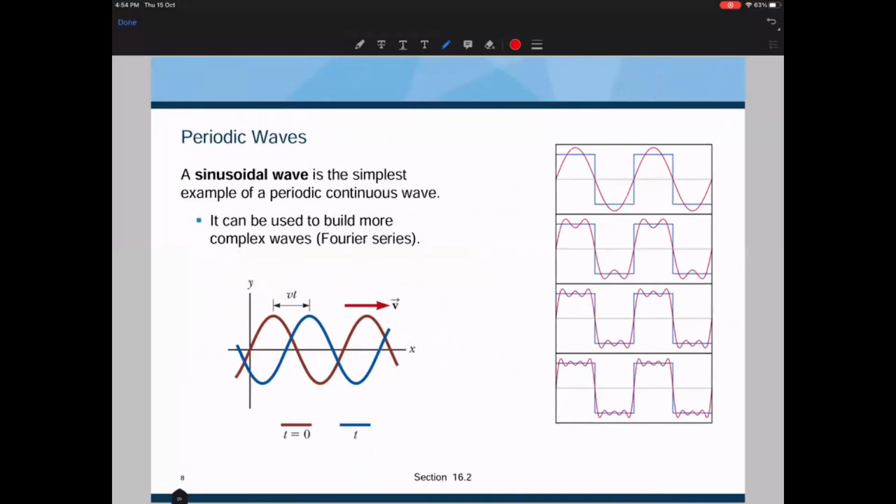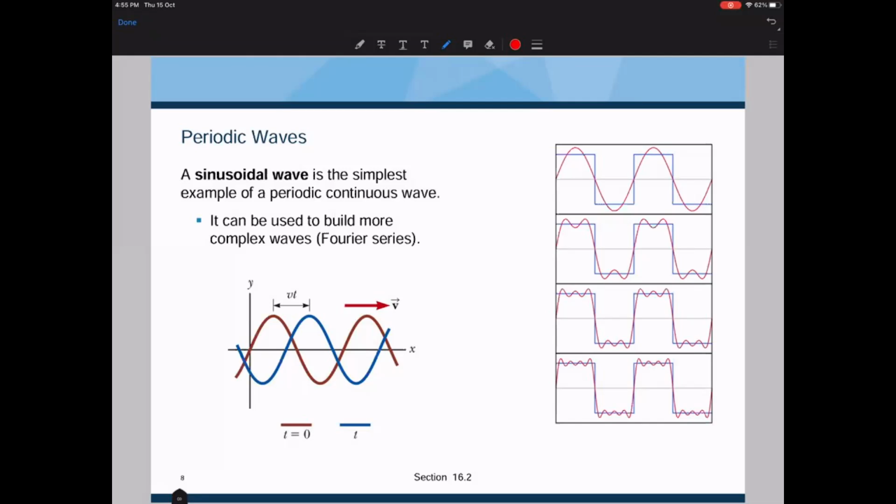And in particular, we would be most interested in the waves that are periodic. A periodic wave does not necessarily mean it is a sinusoidal wave. A sinusoidal wave is just a special type of wave, where the shape of the wave can be represented by a sine or cosine curve.